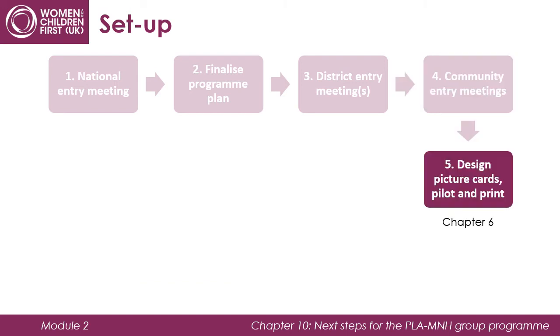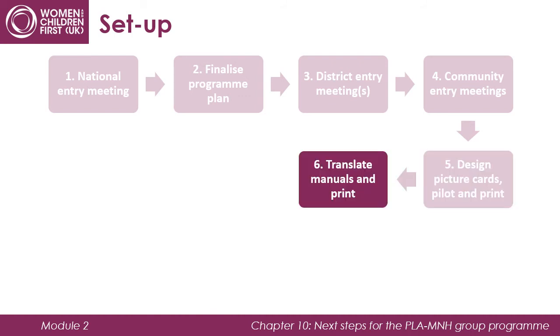Following the entry meetings at different levels, you go on to step 5, prepare the picture cards by designing them with a local artist in collaboration with MNH experts and beneficiaries, pilot testing them in local communities, adjusting them based on the feedback, if applicable, and once finalized, printing them. You may want to revisit the decisions you made in Chapter 6 of this module to support completion of this step.